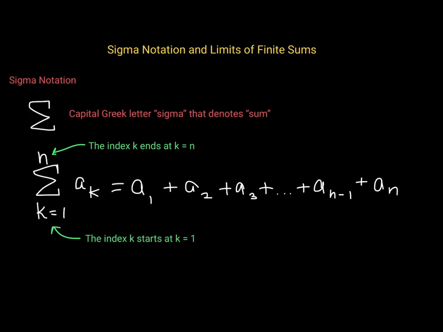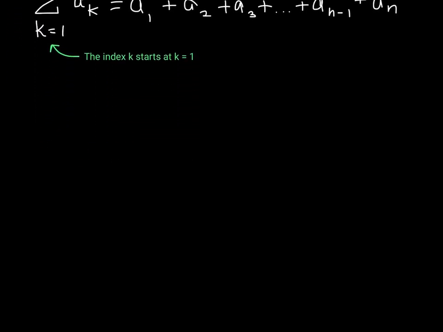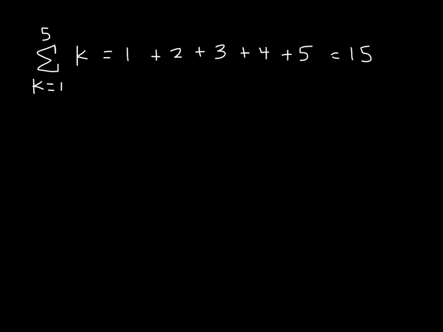So let's look at some examples of sigma notation, and make sure we understand what they are in expanded form. The sum of k as k goes from 1 to 5 would basically be 1 plus 2 plus 3 plus 4 plus 5, and this sum is 15.